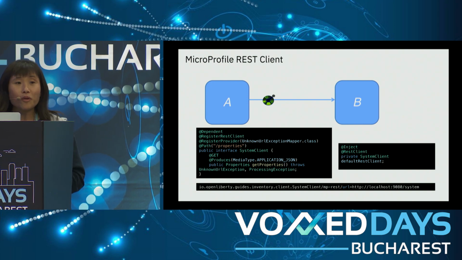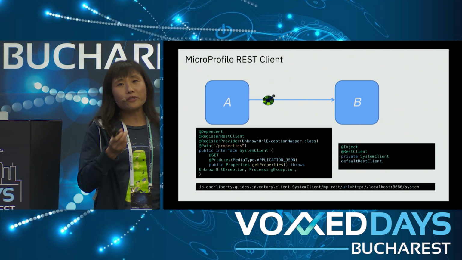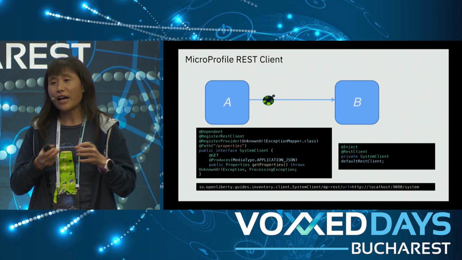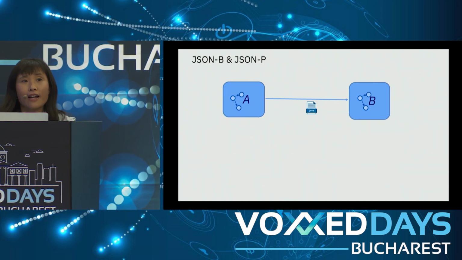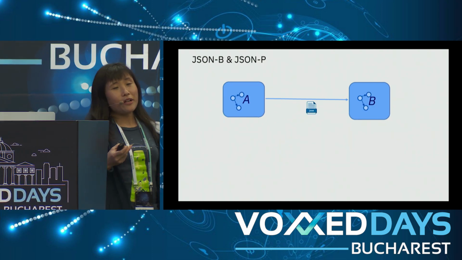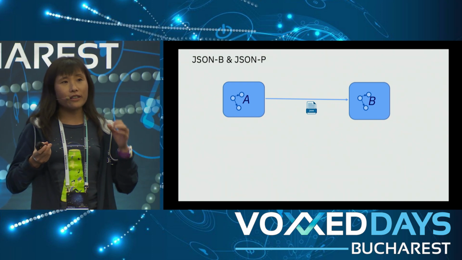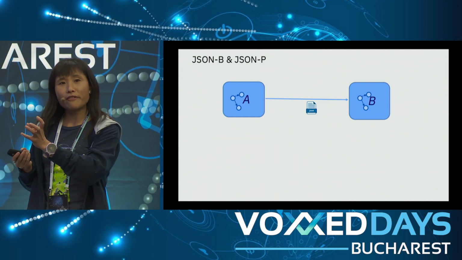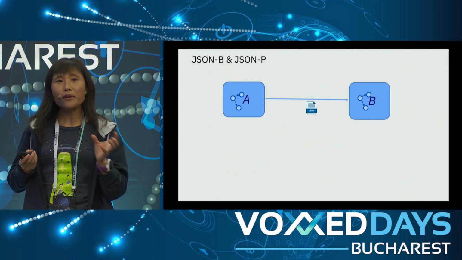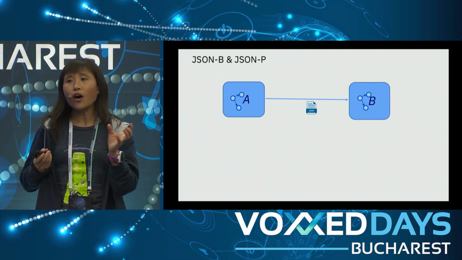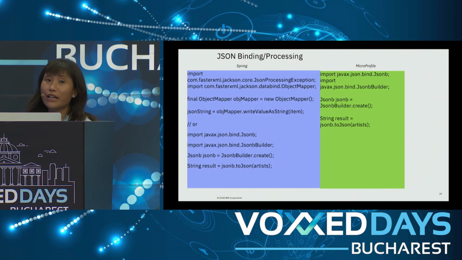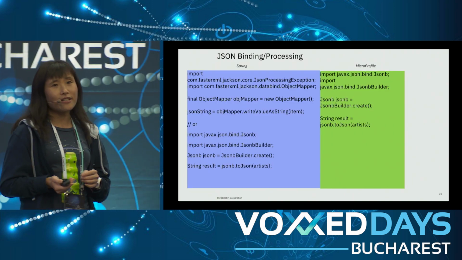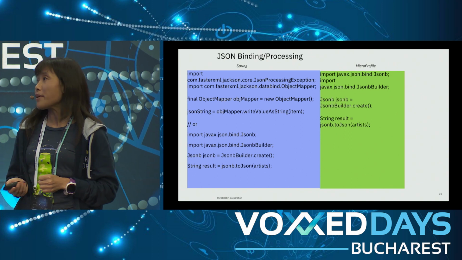So up to now, you know how to define your own service and then call another service. Now you need to think about what kind of data format can be supported over the wire. You can use string, JSON-P, or JSON-B. In Spring, you can directly use Jackson, or you can use JSON-B as well.